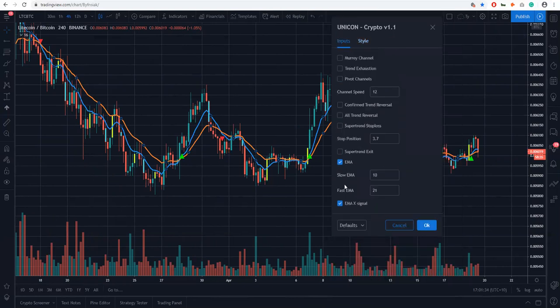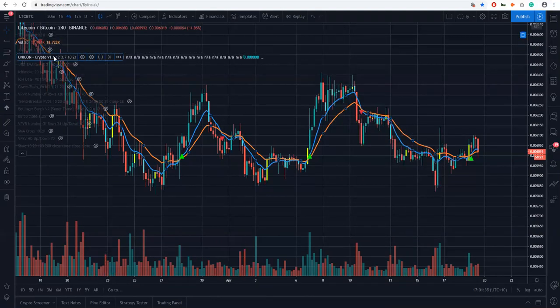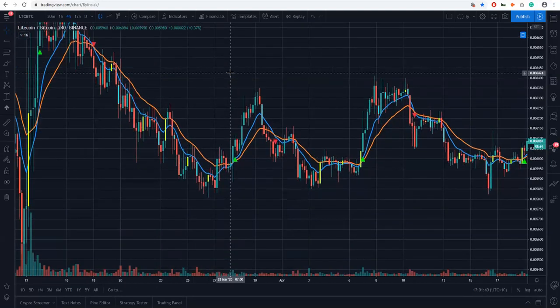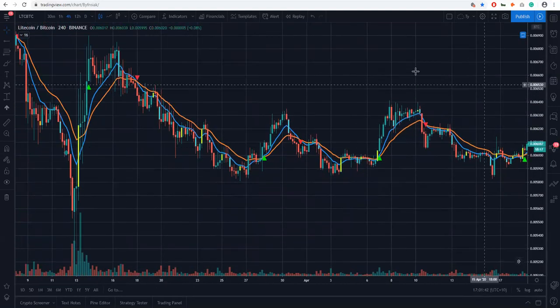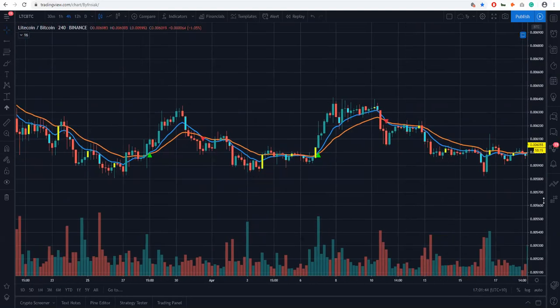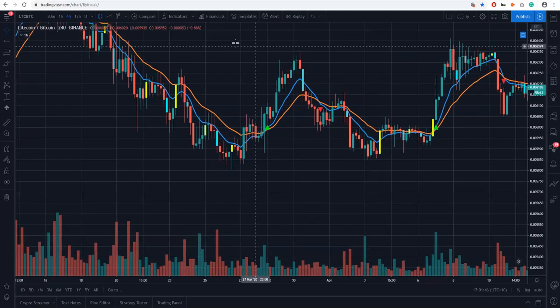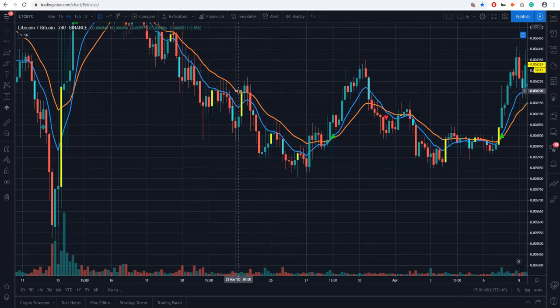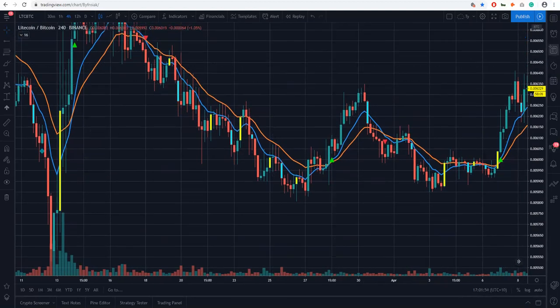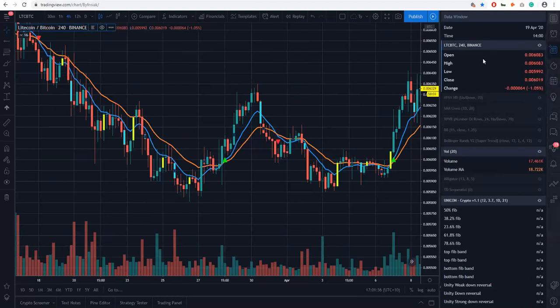Our fast moving is our 21, our slow moving is our 10, and we can see here where buying a breakout would be unwise. If you just bought the breakout, you're going to get rejected here at the slower moving, or the second EMA that's put there.